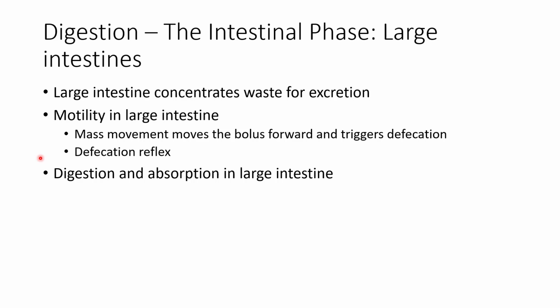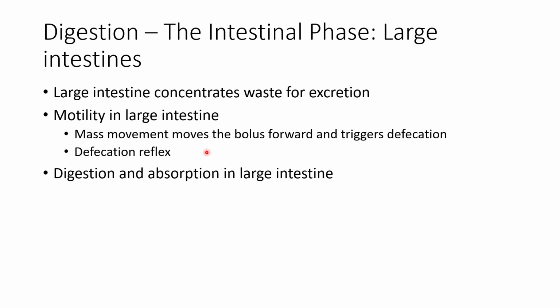The last part of the intestinal phase is going to occur in the large intestine. We don't really have much digestion that occurs here. The only digestion would occur from byproducts that are being produced by bacteria. But we are concentrating our waste for excretion here. And so this large intestine is pulling a lot of water out, concentrating the waste.